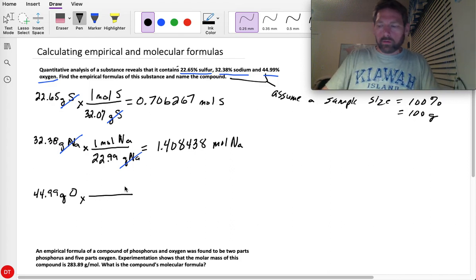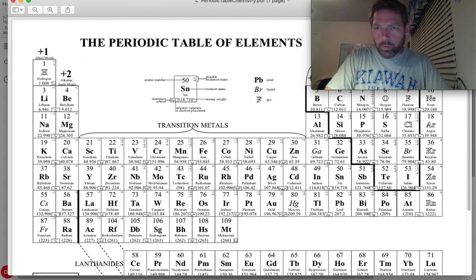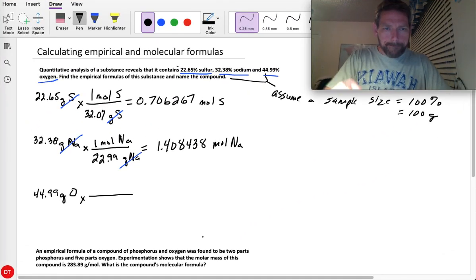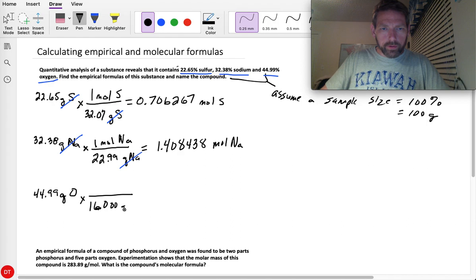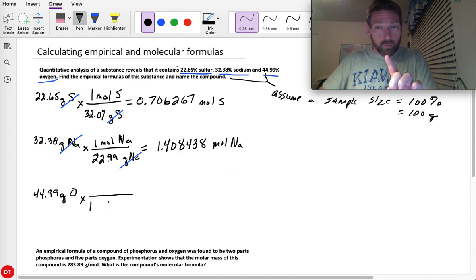All right, so go back to oxygen. Oxygen 15.999, 16.000, right? So we've got 16.00. Oops, oh, that does not look pretty. Well, let's try this again. One more time. 16.0, we're going with that one.